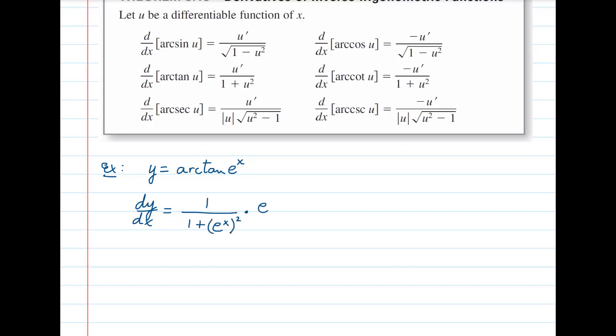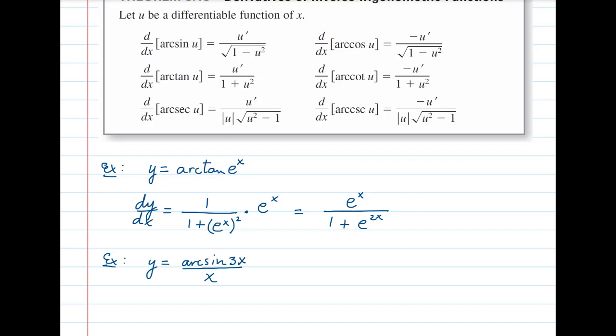And chain rule says you multiply by the derivative of e to the x, which happens to be e to the x. So that's that u prime there that you see on top of all those derivatives. And then, of course, cleaning it up a little bit, we get e to the x over 1 plus e to the 2x.